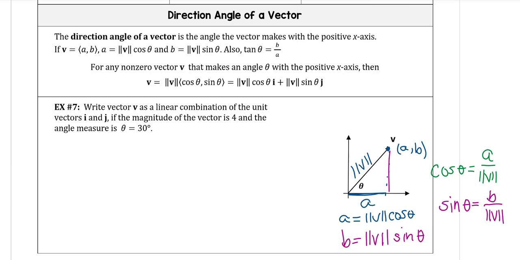Using that, we can also write our vector as a linear combination. v is going to equal, in component form, the magnitude of v times cosine theta, sine theta, which is also the same as writing a times i, that is, the magnitude of v cosine theta times i, plus the magnitude of v sine theta, which is b, times j.